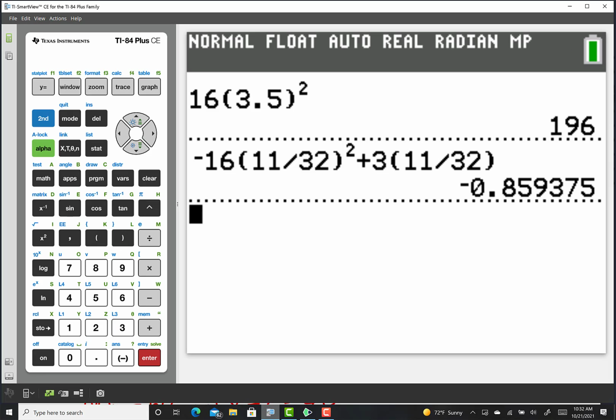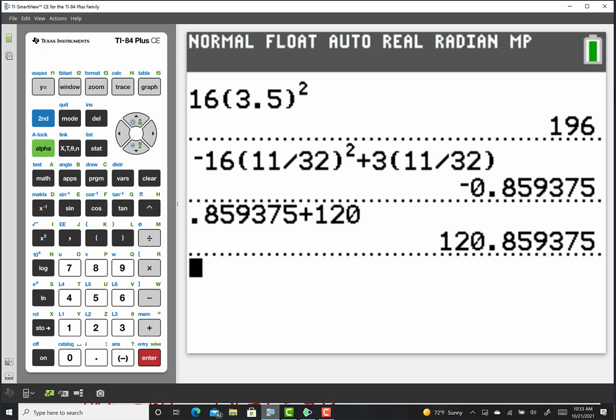So I get that number. When I move it to the other side, that number turns into a what? Positive. So I'm just going to write it: 0.8593375. And I'm adding this to what number? And that should be my C, right? So there it is, 120.85.